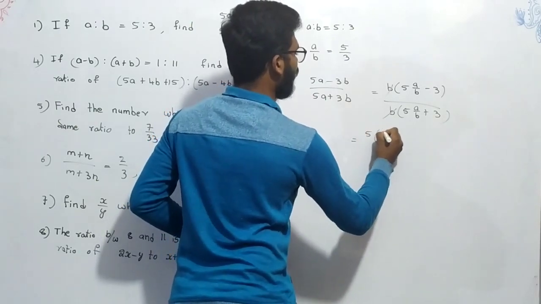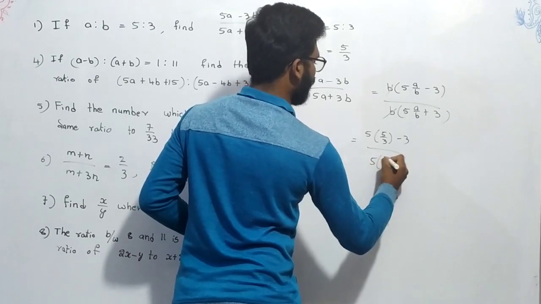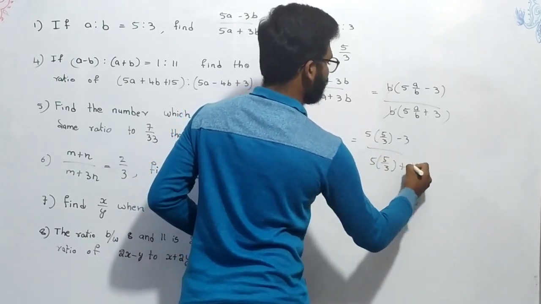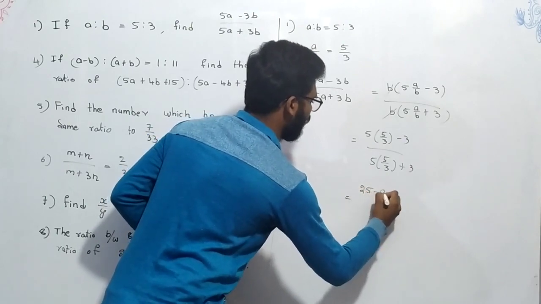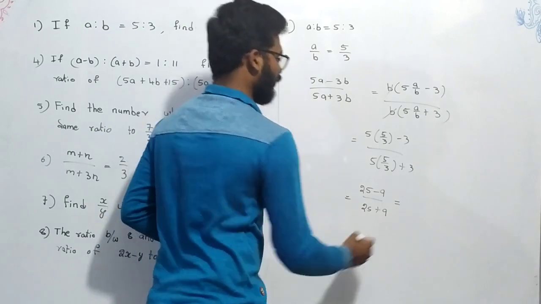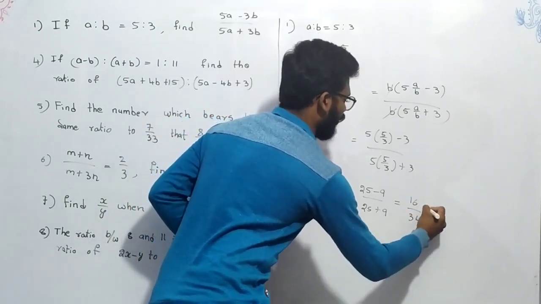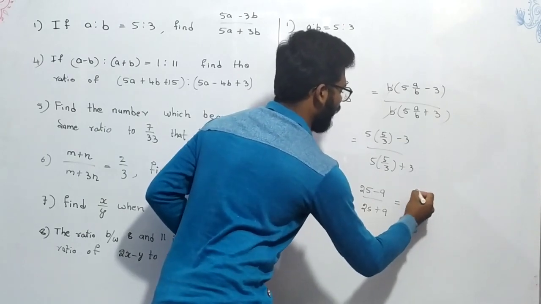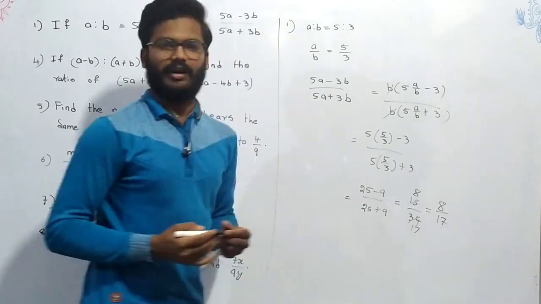So 5 into 5 by 3 minus 3 by 5 into 5 by 3 plus 3. So 25 minus 9 by 25 plus 9. How much is it? 16 by 34. So 2 8s are 16, 2 17s are 34, so it is equal to 8 by 17.